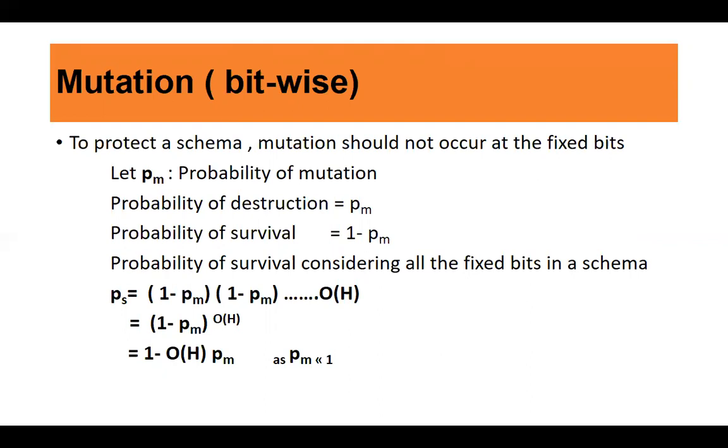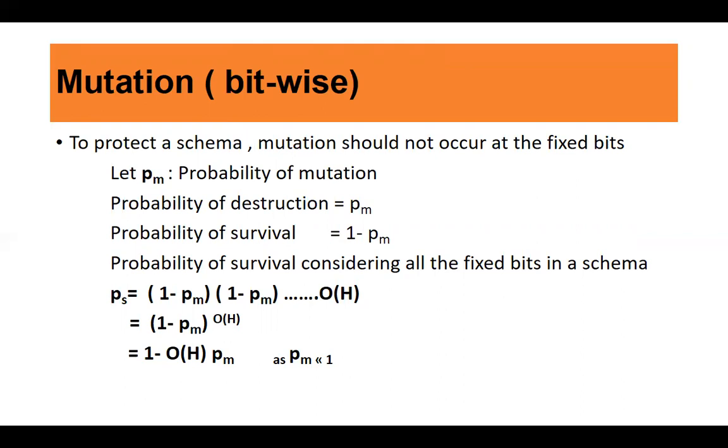The number of fixed bits is denoted by the order of a particular schema, because order of H is nothing but the number of fixed bits in that particular schema H. So there should not be any mutation in the fixed bits, just to preserve that particular schema.